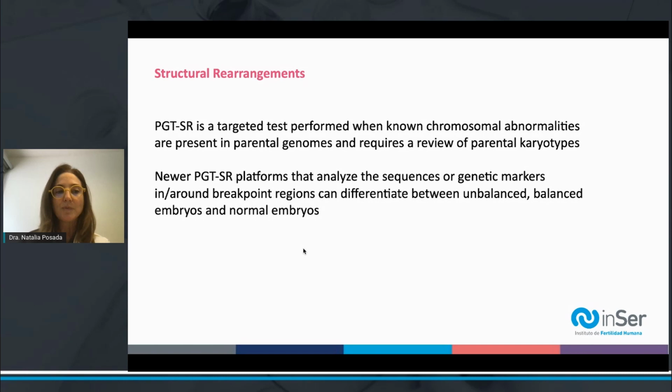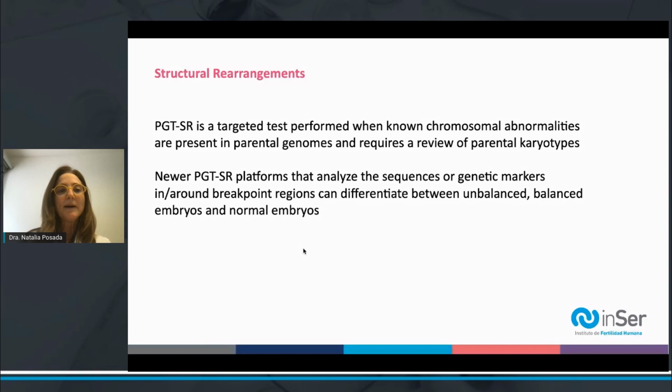So the newer PGT-SR platforms analyze the sequences or genetic markers in or around the breakpoint regions and may now differentiate not only unbalanced but also balanced and normal embryos, so one can transfer embryos that are not carriers so as not to impose the same problem to these children in the future.